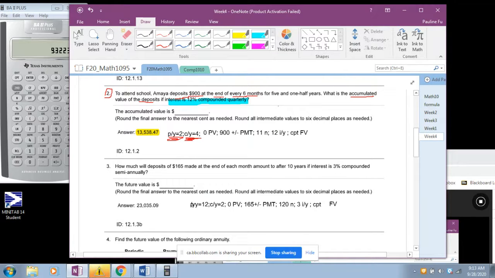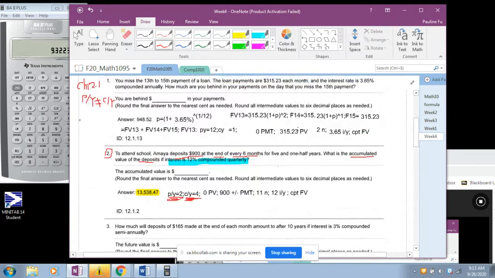This time, CY is not equal to PY. This is chapter 12. When CY is not equal to PY, we have one word to describe it: general.